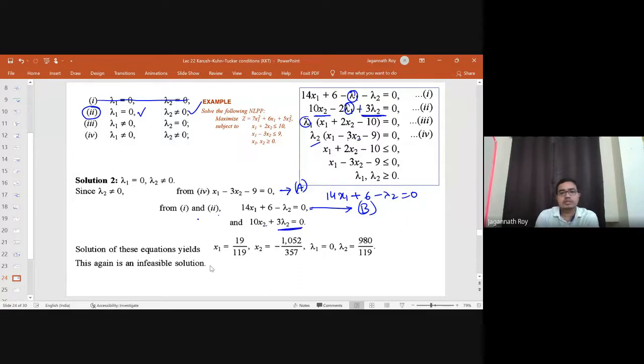So yes, it is 3 lambda 2. Let us call it C. Now we can see this is a 3 by 3 system, three equations and 3 unknowns, so we can directly solve.